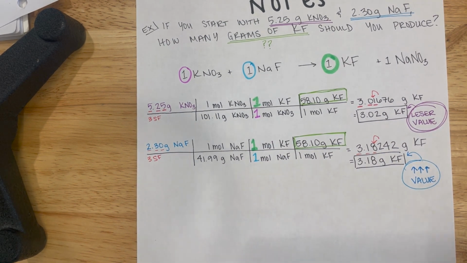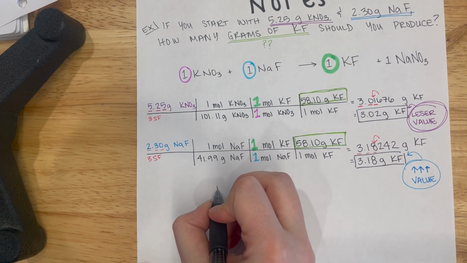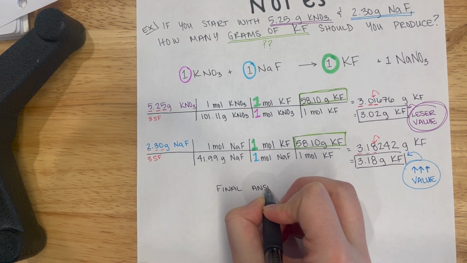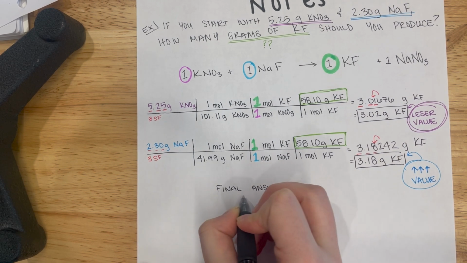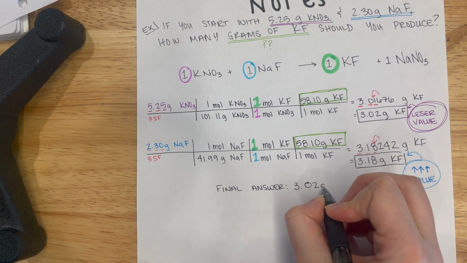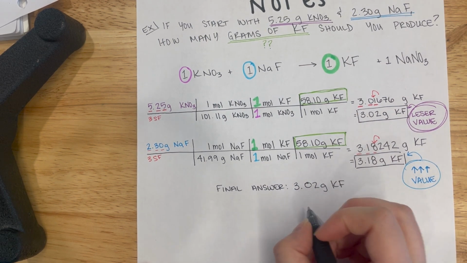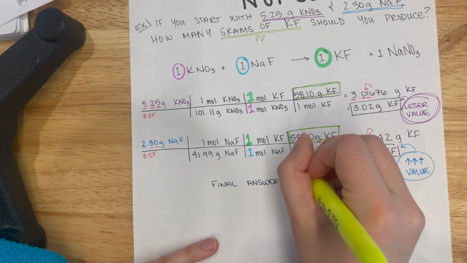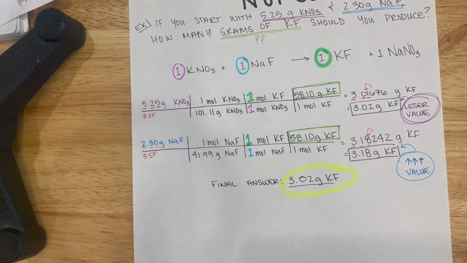And our final answer will always be the smaller one. So we say final answer is 3.02 grams of KF. That is our final answer. Circle it, star it, put a box around it.